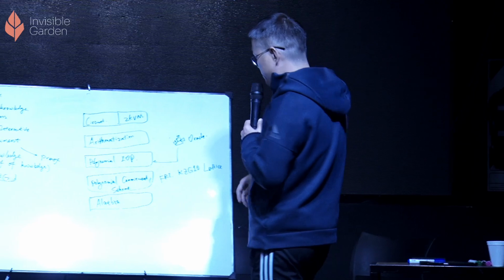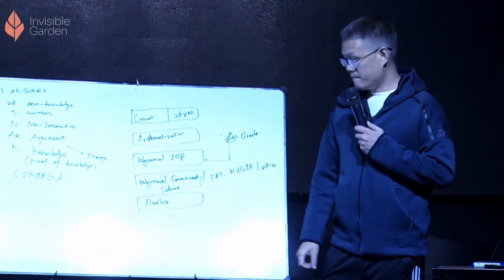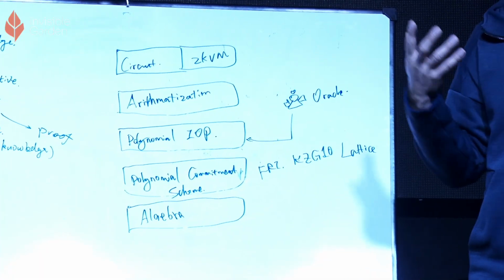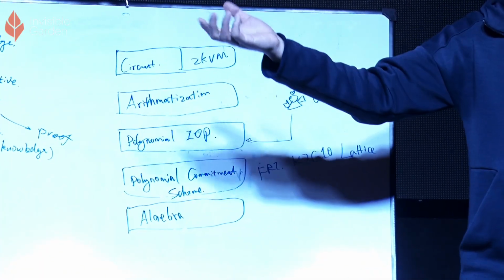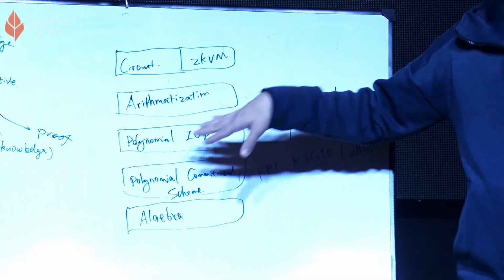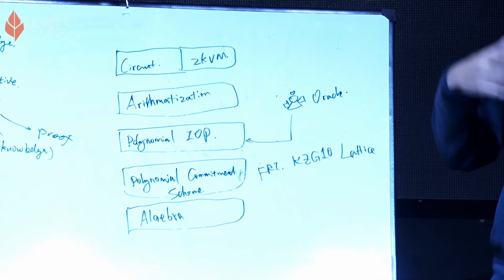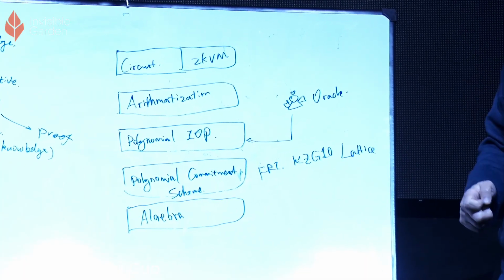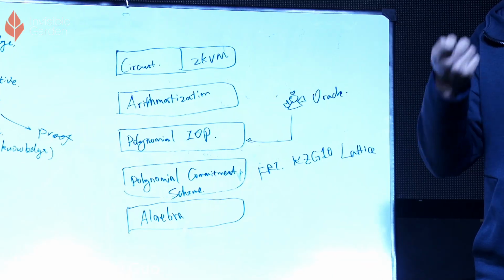What's the role of the oracle in the polynomial IOP? Inside a polynomial IOP, the prover wants to prove properties of polynomials. Sometimes the prover wants to prove an evaluation.